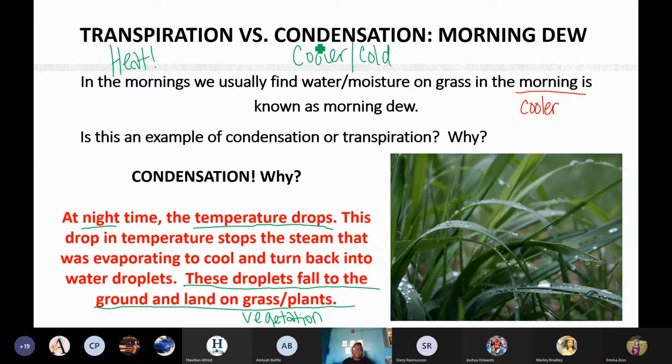And you want to label that picture as morning dew. About 2 minutes left.